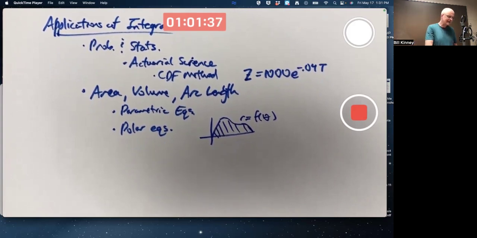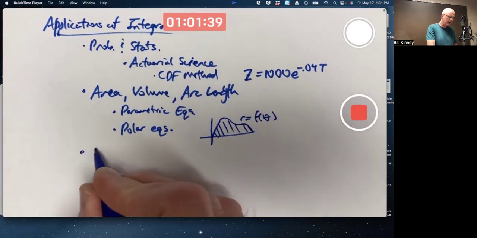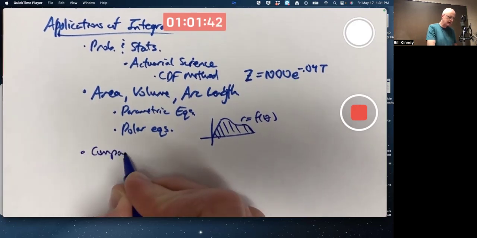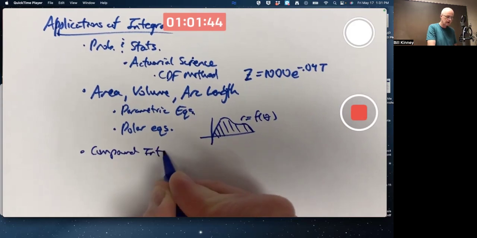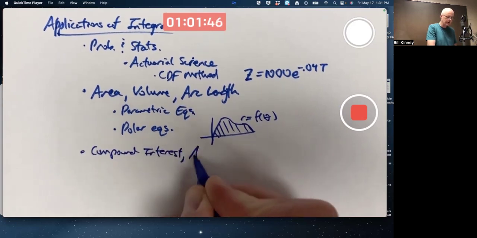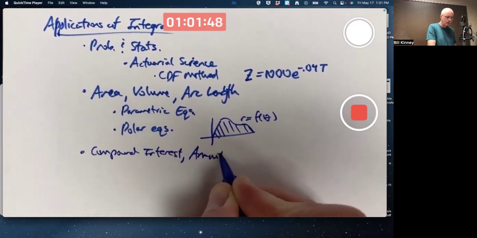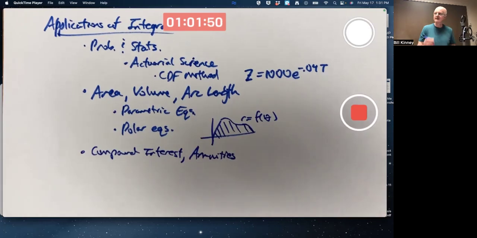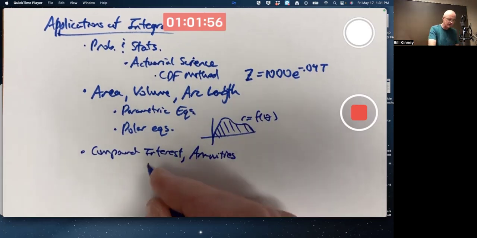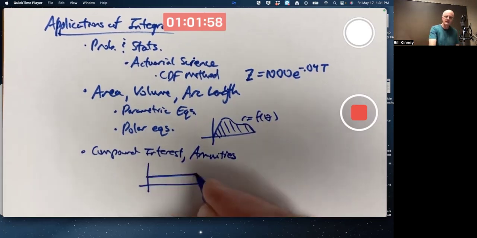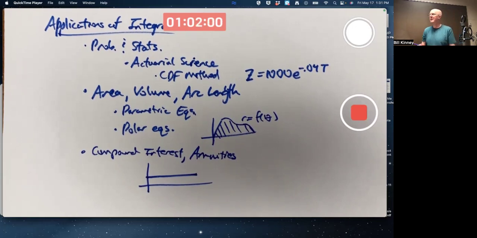We also did finance applications, compound interest, annuities. We did talk about both continuous and discrete annuities. On exam 2, the problem was a continuous annuity that was leveled, meaning you were getting money every second of every day.